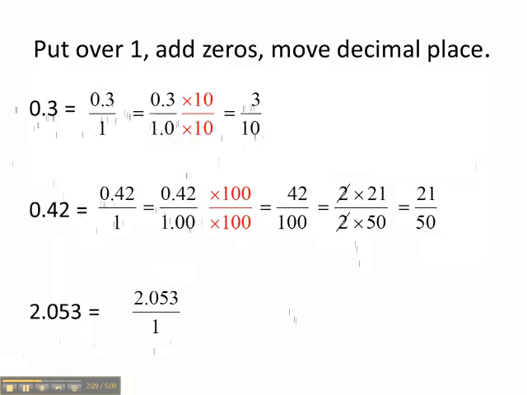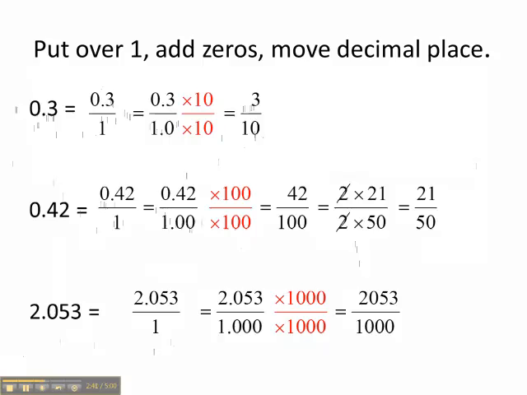I need to put in 3 zeros to have the same number of digits after the decimal place. I'm going to need to move that decimal point 3 places. So I get 2053 on top, 1000 on the bottom, and I have converted the decimal to a fraction.